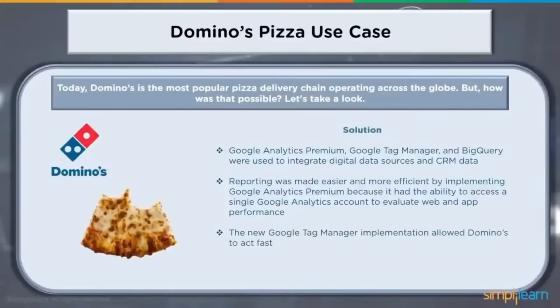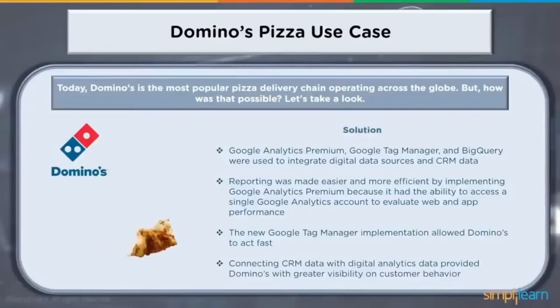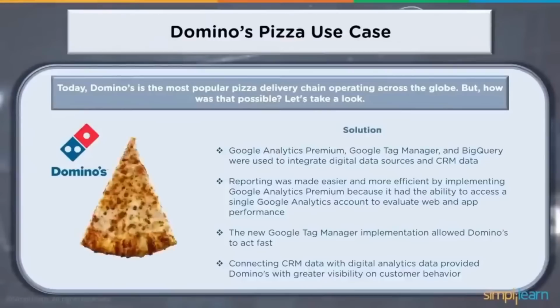By using the new Google Tag Manager implementation, Domino's was able to act fast. They were able to connect CRM data with digital analytics, which provided Domino's with greater visibility into customer behavior.